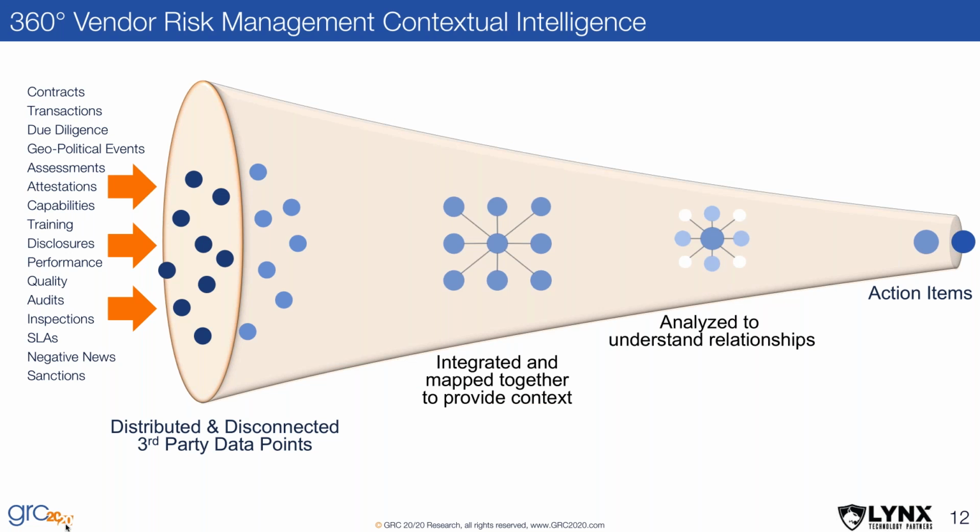We need to understand our contracts and the controls and service levels put in those contracts, monitoring transactions in the relationships, doing proper due diligence, background checks, and information security validation during onboarding and ongoing thereafter, monitoring negative news and geopolitical events, providing regular assessments such as annual assessments, surveys and questionnaires that third-party vendors have to fill out, gathering attestations to security as well as code of conduct and other policies, understanding capabilities, delivering training, providing disclosures when there are exceptions that need to be documented, and monitoring overall performance and quality of the relationships, including audits and inspections.